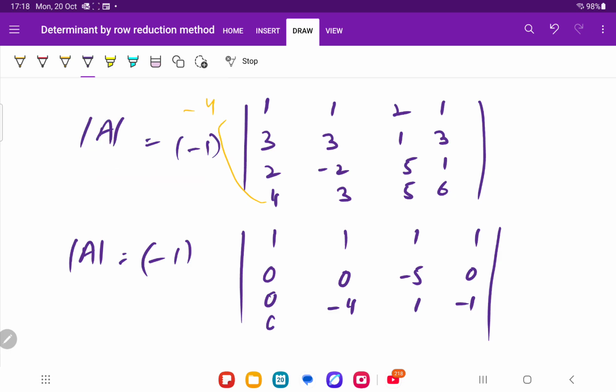Very good. Minus 4 multiplied by 1 is minus 4, plus 3 is minus 1. Minus 4 multiplied by 2 is minus 8, plus 5 is minus 3. Minus 4 multiplied by 4 is minus 4, plus 6 is 2. So that's what we obtained here.